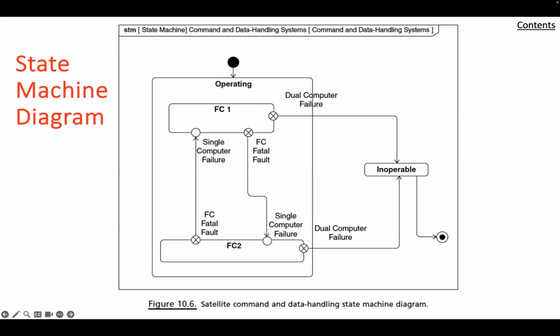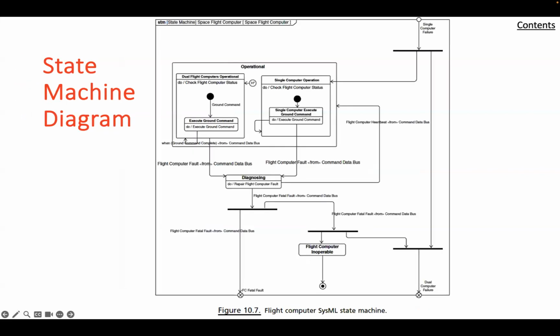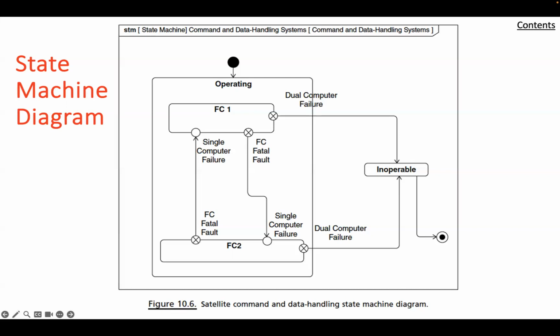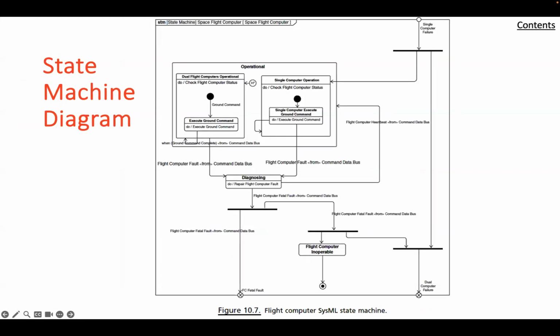Tabular information, which can be stored and filtered, eliminates the need to manually trace lines on the diagram. Here is the other one. This is a little bit more complicated. So we have this simple state machine diagram, and now we have this more complicated one here.